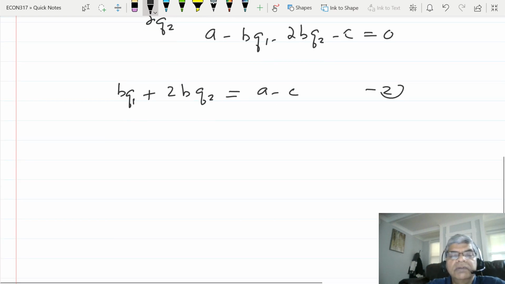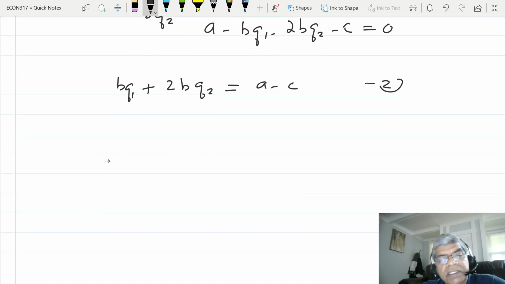So I got two equations, one from each first order condition for the respective firm, and two unknown quantities Q1 and Q2.